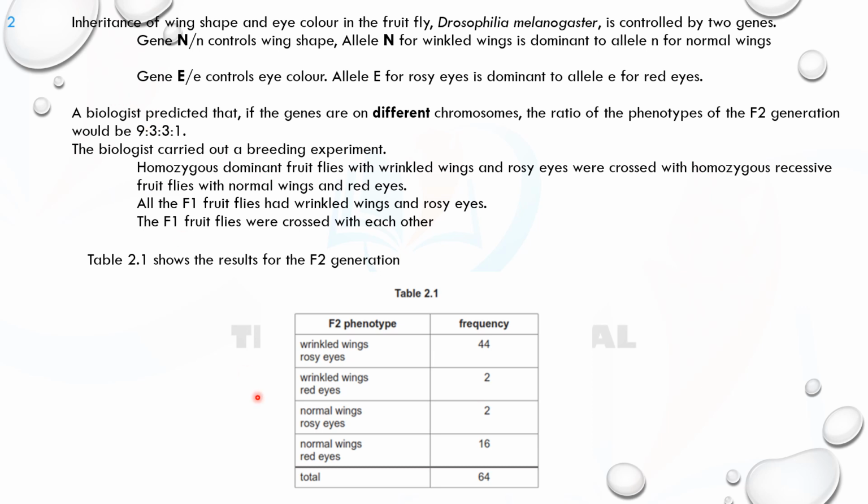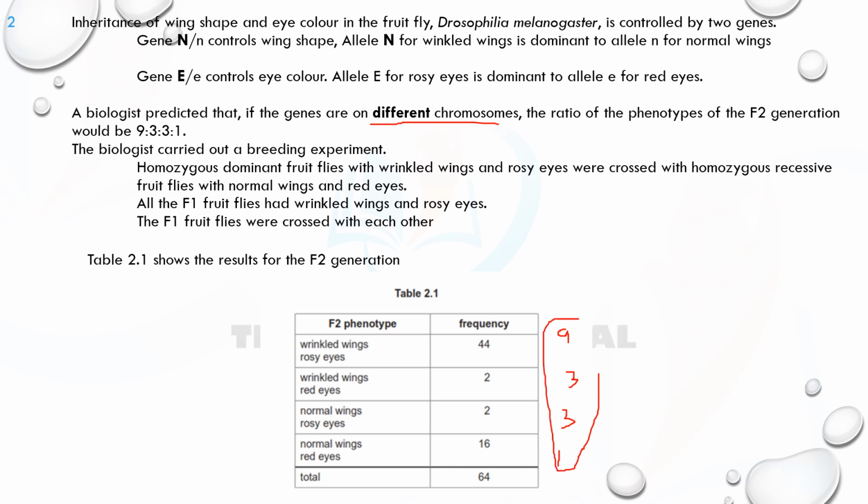From the result you might see, because the expectation said that the ratio should be 9:3:3:1, if you try to do the ratio, it will not follow this. So one starts thinking whether these two genes are actually on different chromosomes. If they're on different chromosomes, they will give this ratio.